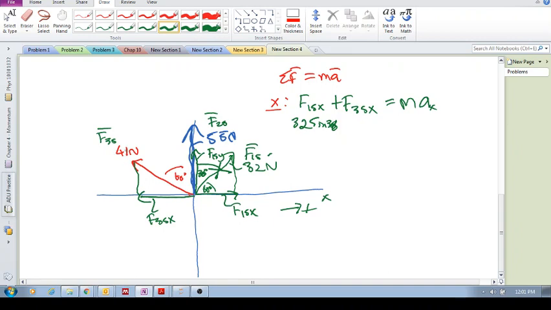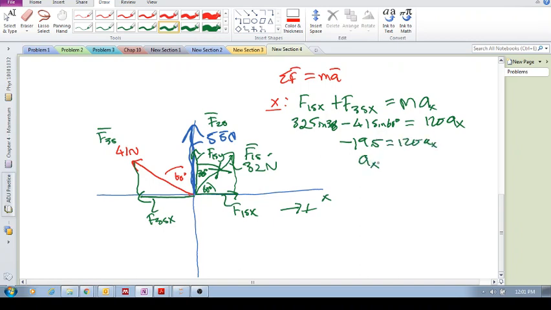So it's going to be 41 sine 60 or cos 30, sine 60. So minus 41 sine 60 is equal to 120 AX. And this on the left here is minus 19.5. Make sure that you get that, 120 AX.